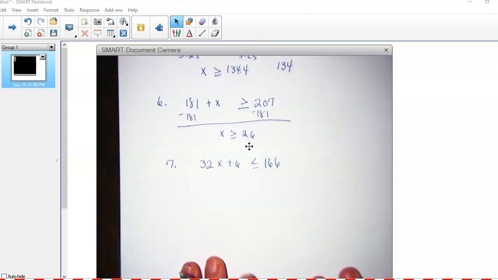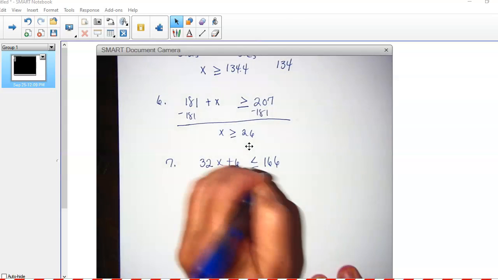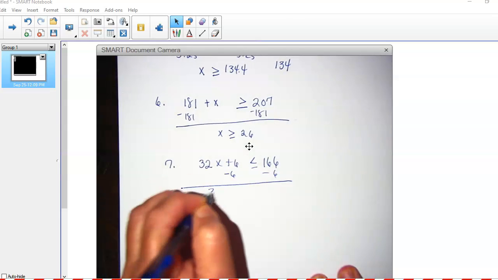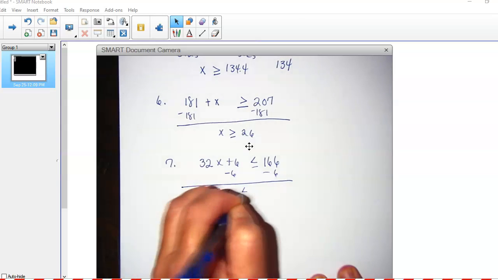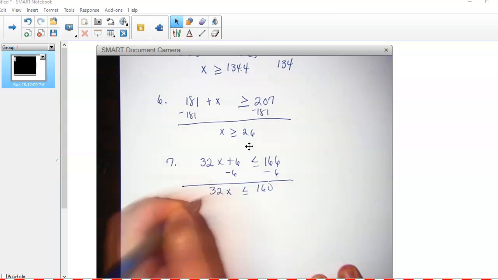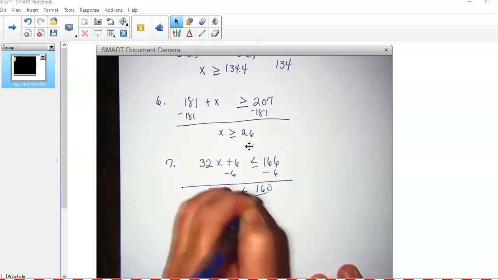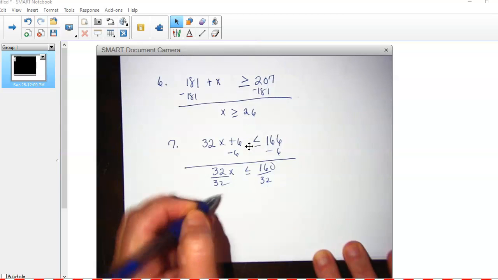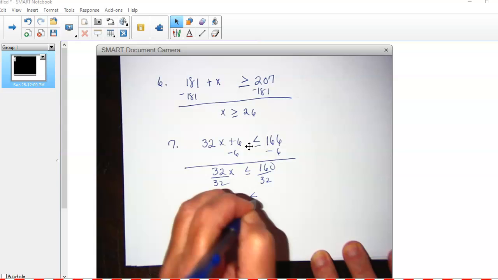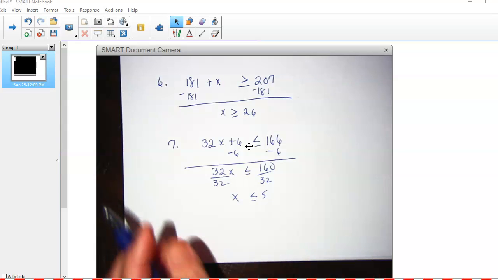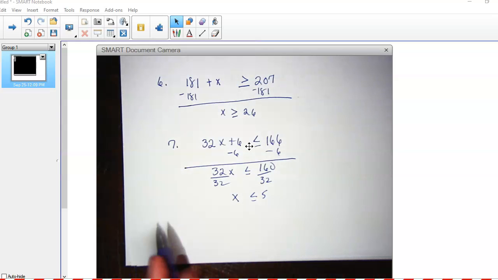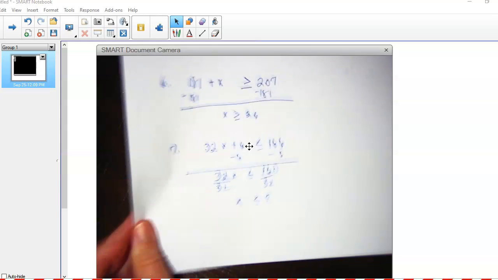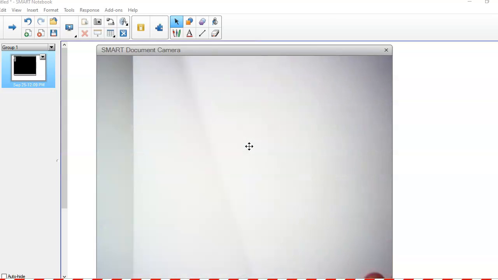Okay? I'm going to subtract 6. So 32x less than or equal to 160. Divide by 32. x is less than or equal to 5. So the most people you can bring is 5. And you should be graphing these as well, you guys.